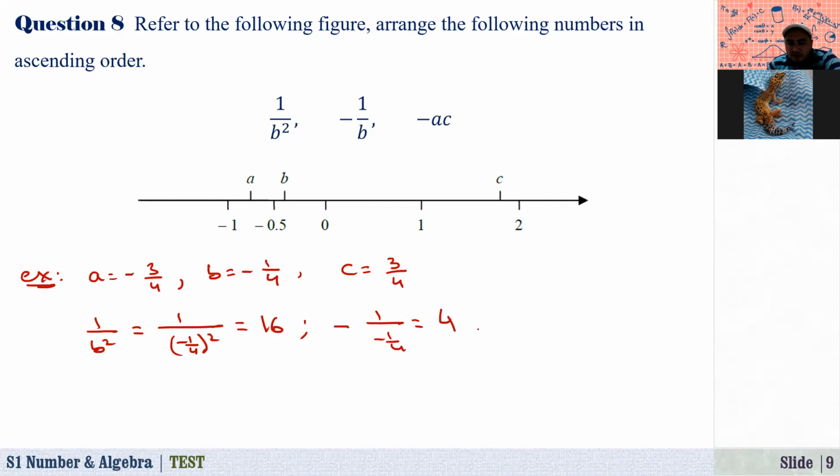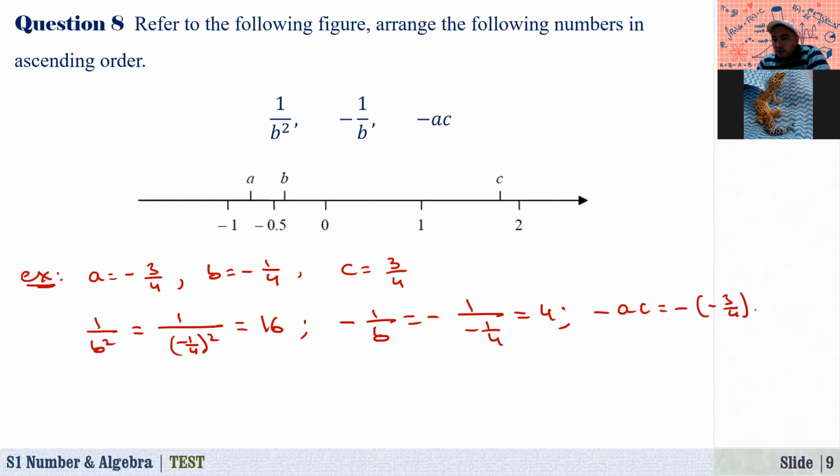Minus is plus, so that's equal to 4. How about -ac? -ac is equal to, what is A? -3/4. And what is C? C is equal to 3/4. So that's equal to minus is plus 9/16.